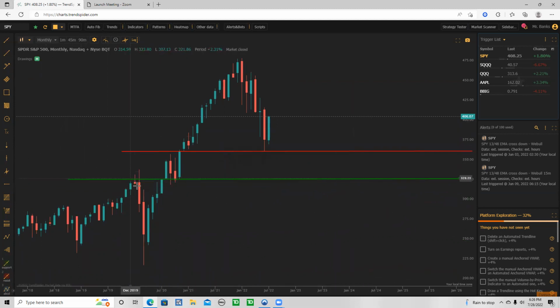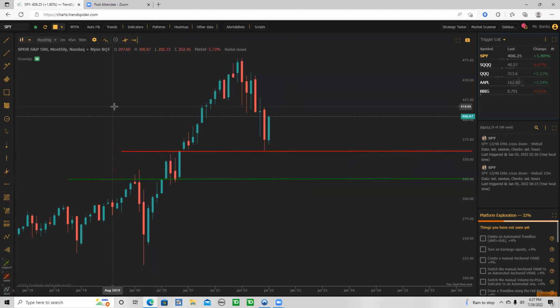This was the drop down and then the breakout area of the big resistance. And then look what happened. We broke out, retested it, right? Breakout, retest, had a nice bounce.